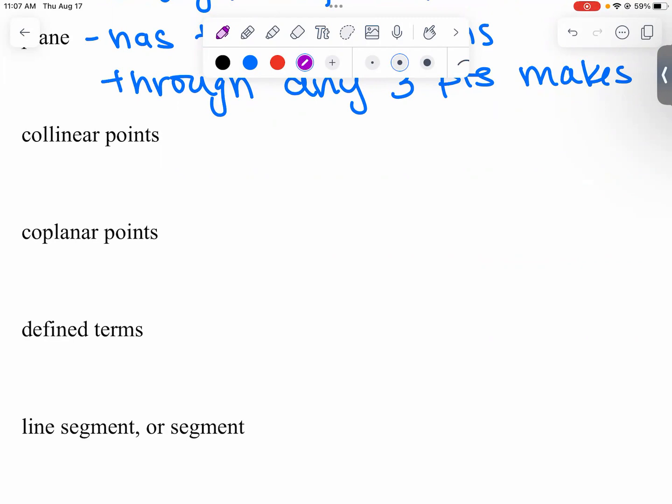I really liked Sam's. Co is like partner, so they're like partners of lines. How could that apply to what's happening? What do you guys talk about over here? Well, something about points, right?